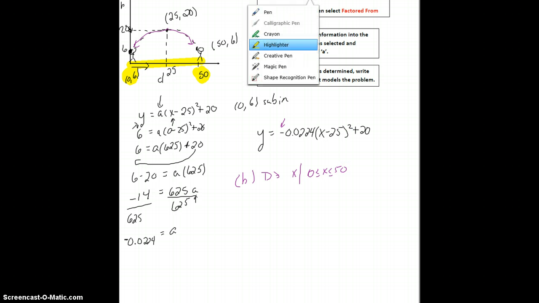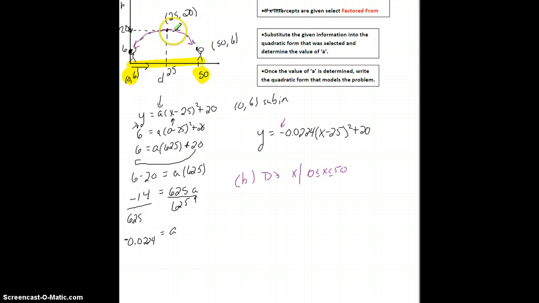And the range, the y values: I reach a maximum height of 20, and the lowest value of the height is 6, since the ball starts at a height of 6 and is caught at a height of 6, and it never reaches any height higher than 20.